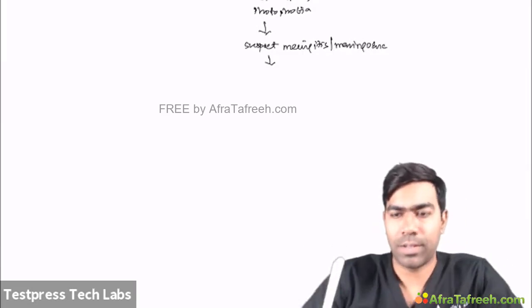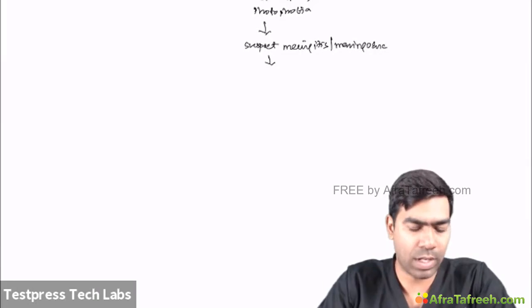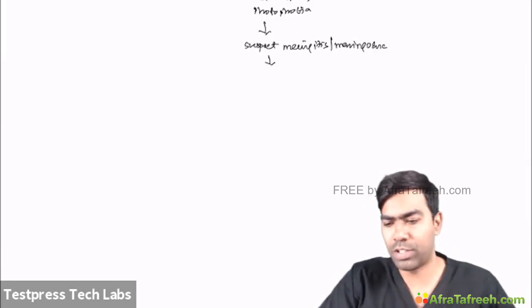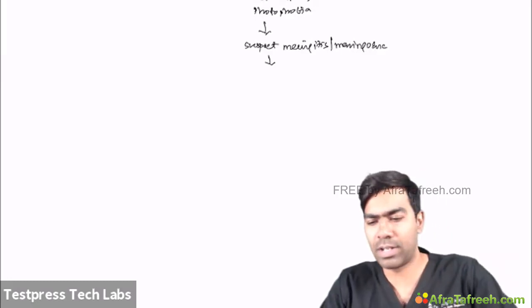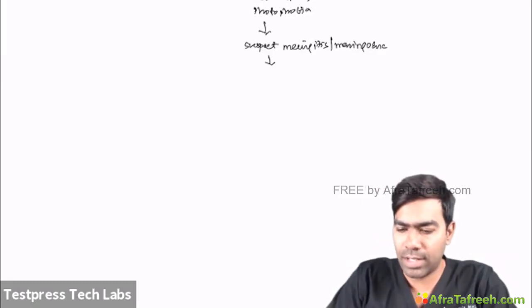So in the same area, you can suspect a meningitis or probably even a meningoencephalitis in that setting. How can I think about predominant meningitis or meningoencephalitis? By seeing whether I'm having prominent focal neurological deficit and cortical symptoms and signs.